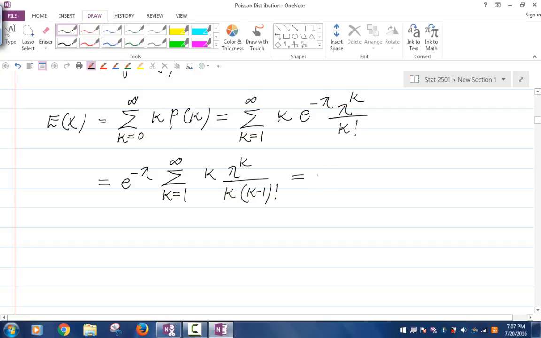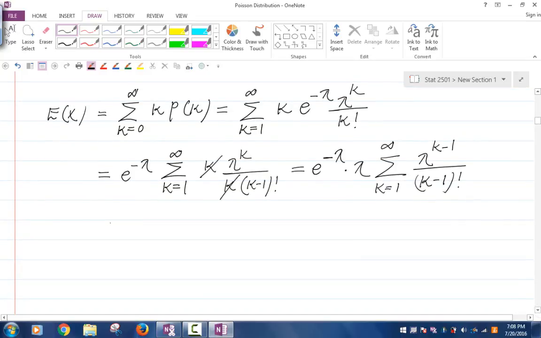So then I have the following, e to the minus lambda, so k cancels out. What I'm also going to do is factor out lambda, and then the sum will be k going from 1 to infinity lambda to the k minus 1 over k minus 1 factorial.